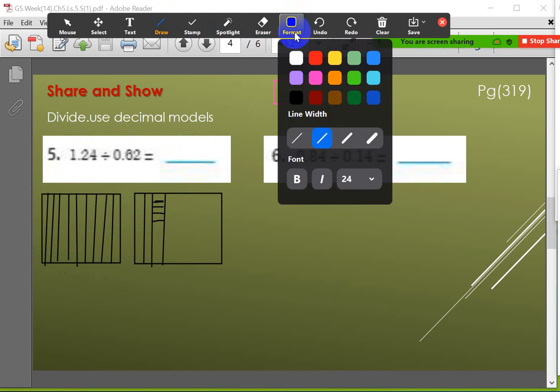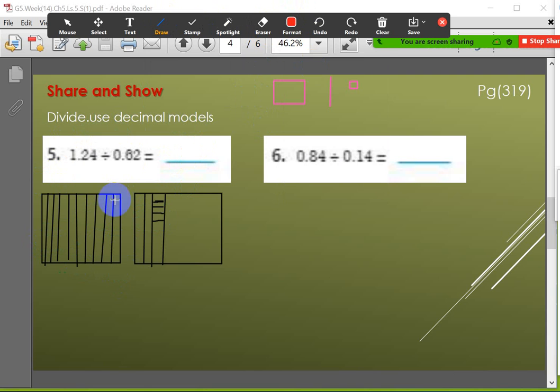What about the divisor? The divisor is 0.62.